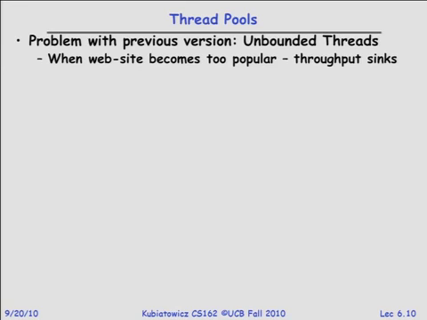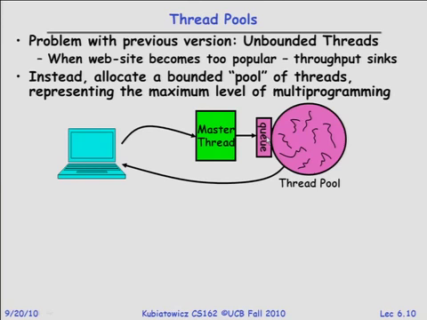So this little petri dish here is all the threads, and there's a queue on the input. And the idea is that every request that comes in gets put in the queue, and there's a finite number of threads running, and they go and grab a request off the queue, they do something with it, finish it, grab the next request. And we only have a fixed number of things actually running in parallel at any time.